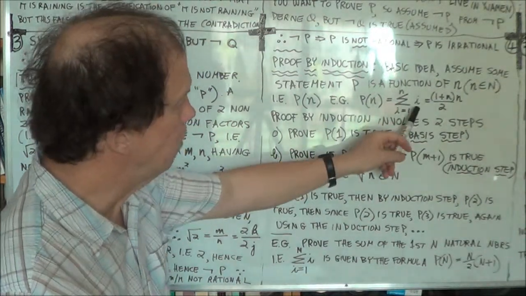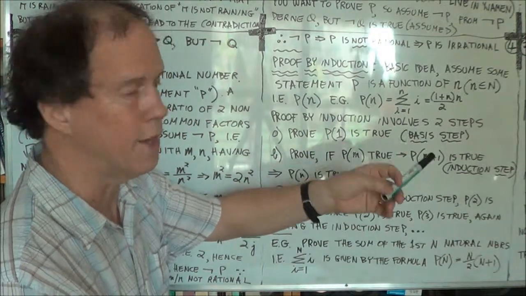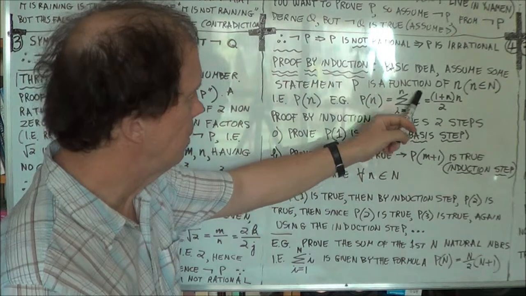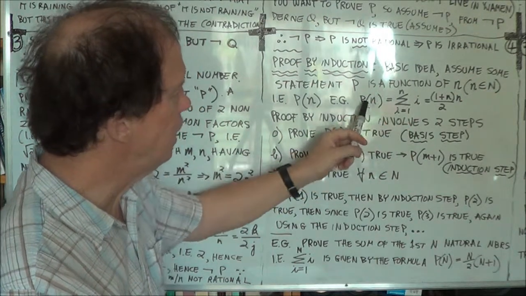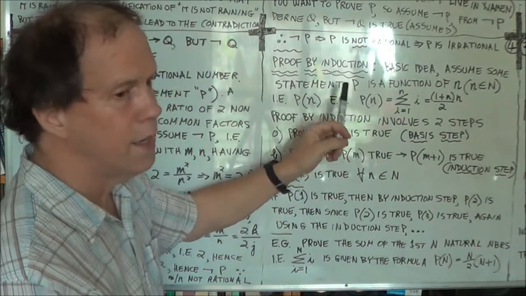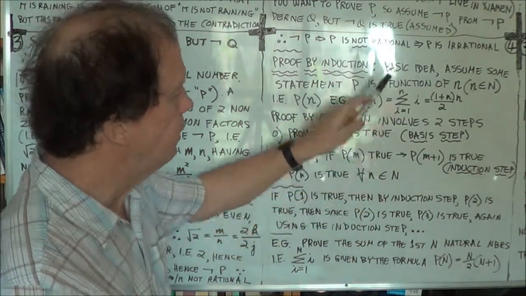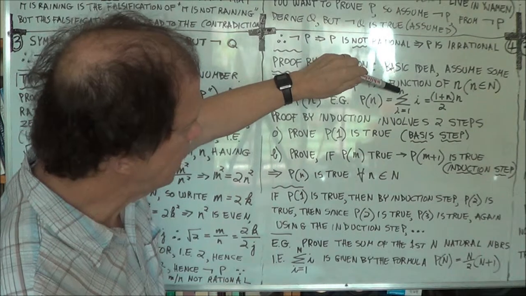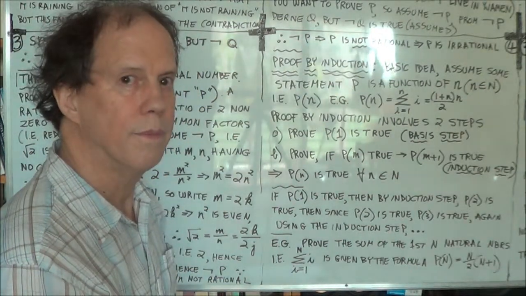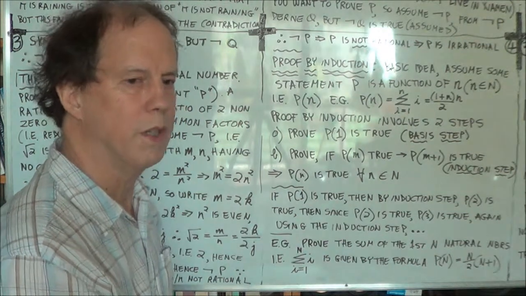So in other words, 1 plus 2 plus 3 ... plus n. So that's the meaning of P. In this case, P is the sum of the first n natural numbers.